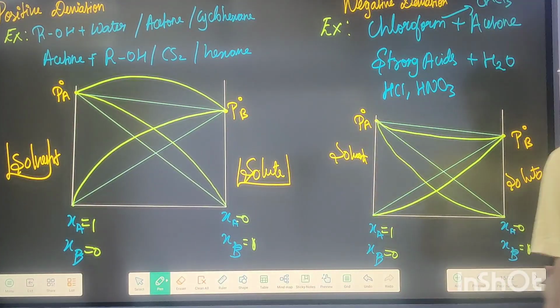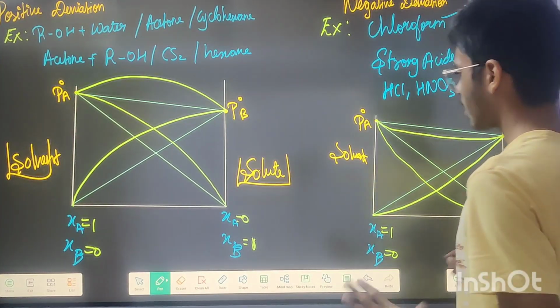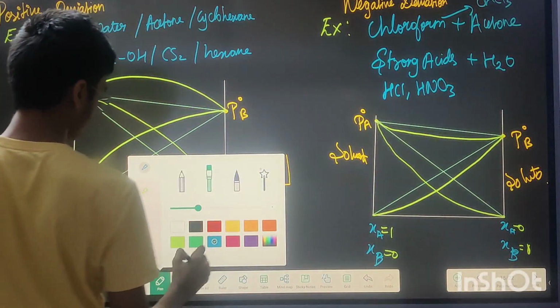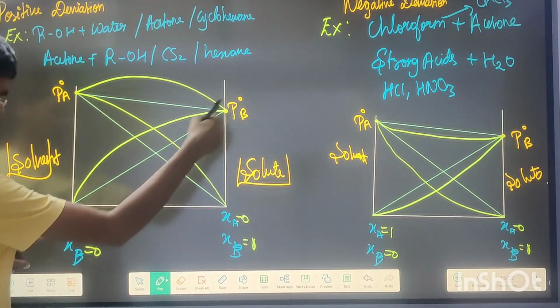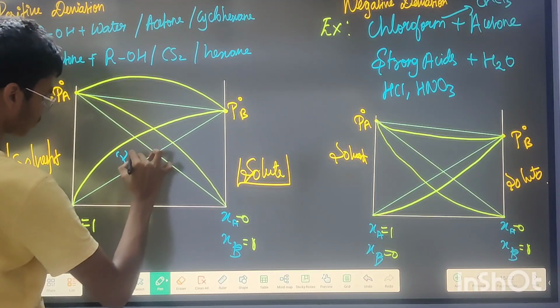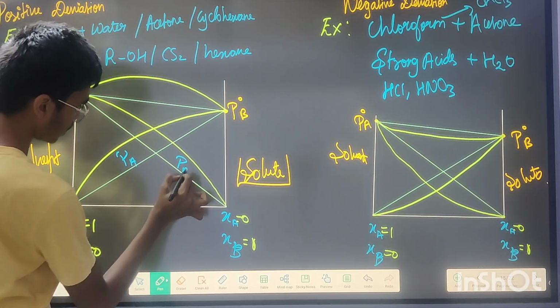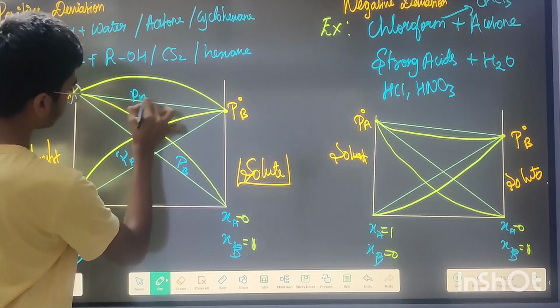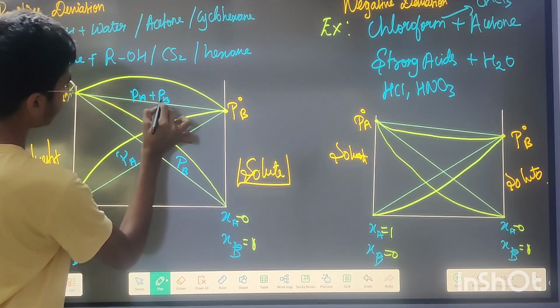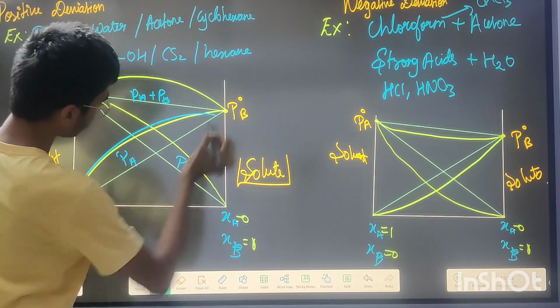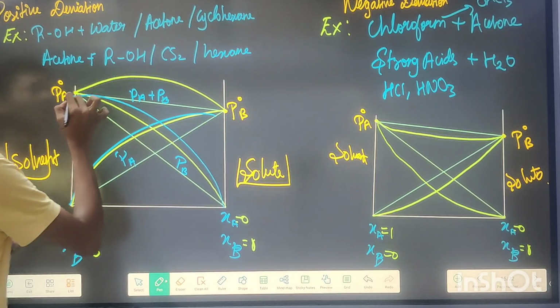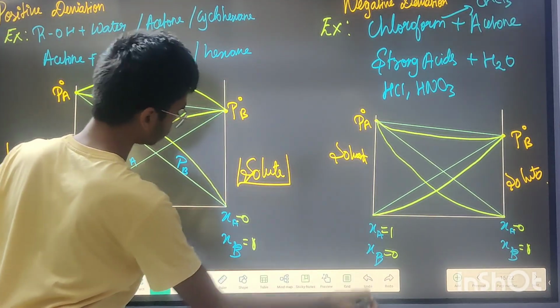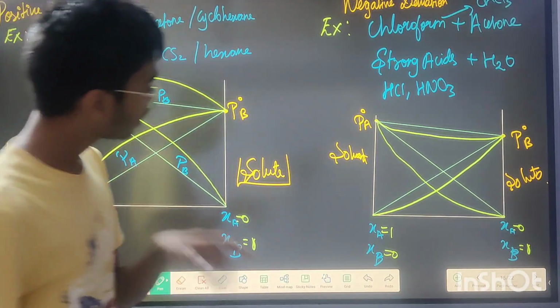Solvent, solute, everything is there. Everything is pakka. Now I will start to name. This is going to be the PA line. This is going to be the PB line. This is PA plus PB. Well, here it is not a line. This arc is PA, and here this arc is PB, and this arc is PA plus PB. The same thing applies here also.